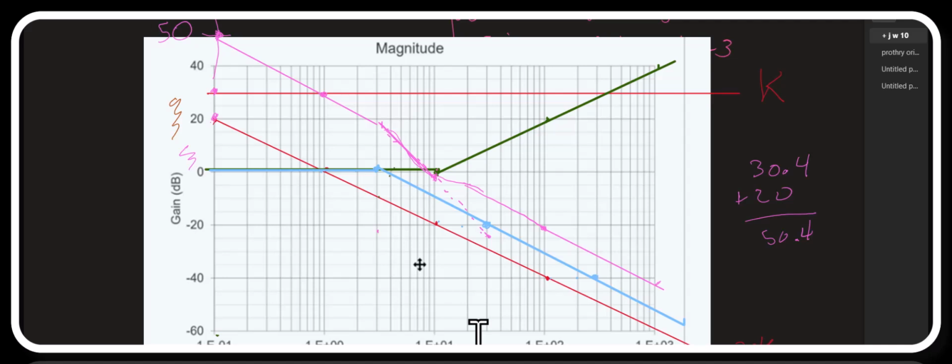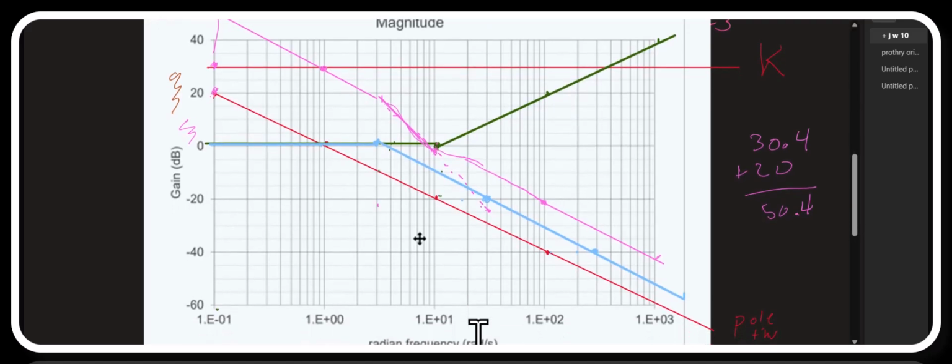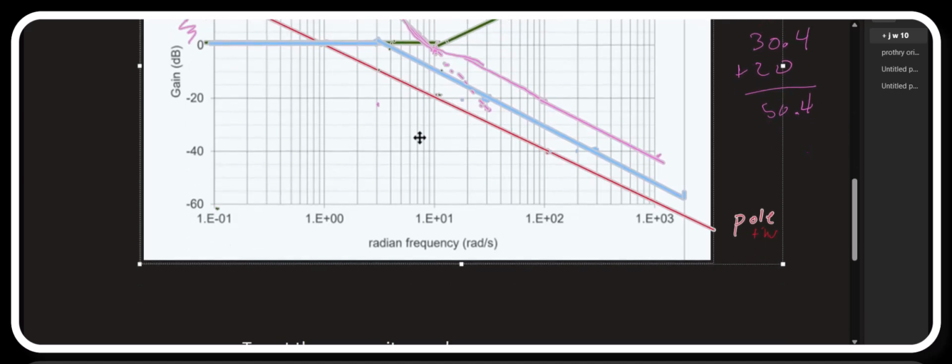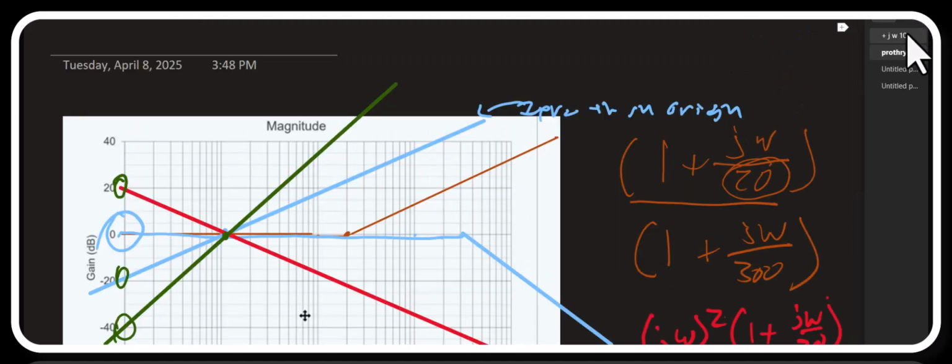So now I have a slope of negative 40. And then when I get to whatever this next one was, I now have slopes of negative 20, negative 20, positive 20, and some zeros, and I add those together. Negative 20 plus negative 20 plus positive 20 is negative 20, and that gets your slope.